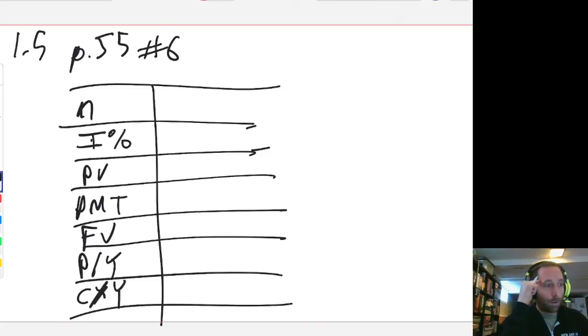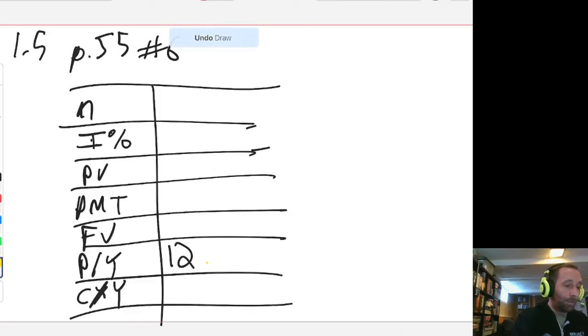Question number 6. So we have Zoe deposited the same amount of money at the end of each month. So right away, before I go any further, P over Y has to be 12, because they were monthly deposits.